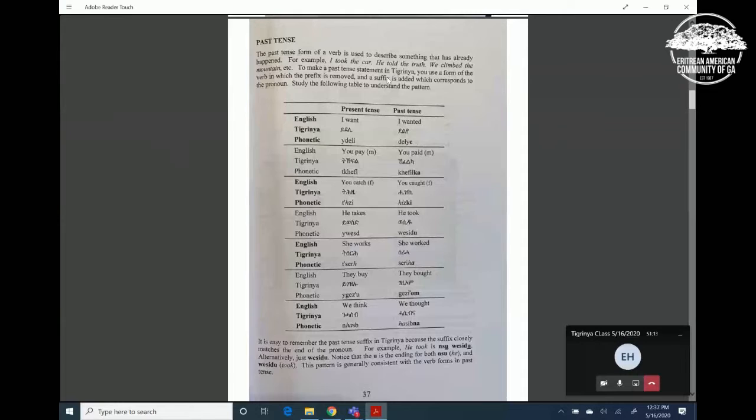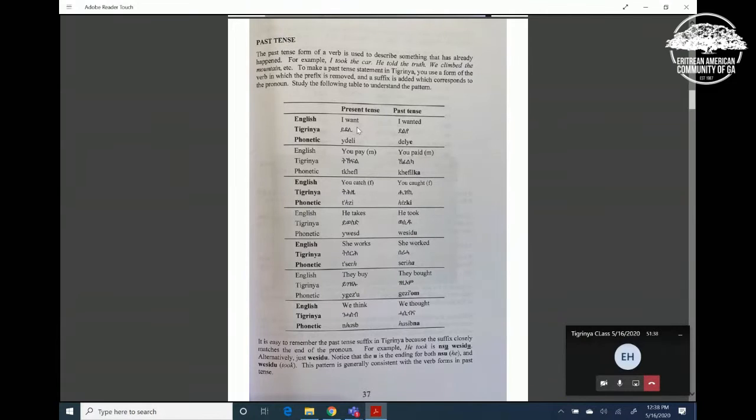The past tense form of a verb. So if you want to say something happened in the past, you take the form of the verb. So in this case, if you want to say I want in the present tense, remember, this is kind of an error in this book. We don't say idelli.